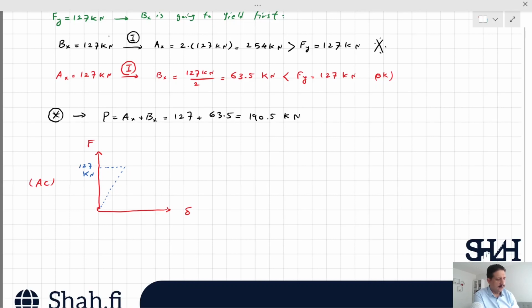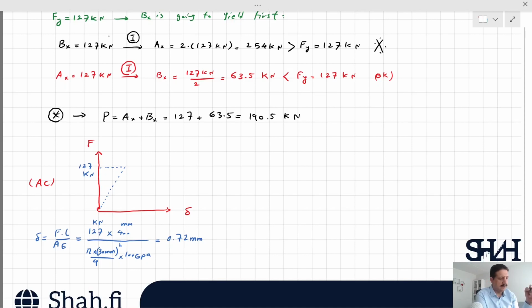And the corresponding deformation can be calculated according to FL over AE. So the force is 127 kilonewton times the length, 400 millimeter, divided by the area, which is pi times 30 millimeter to the power of 2 divided by 4, and then 100 gigapascal. So this value will be 0.72 millimeter.